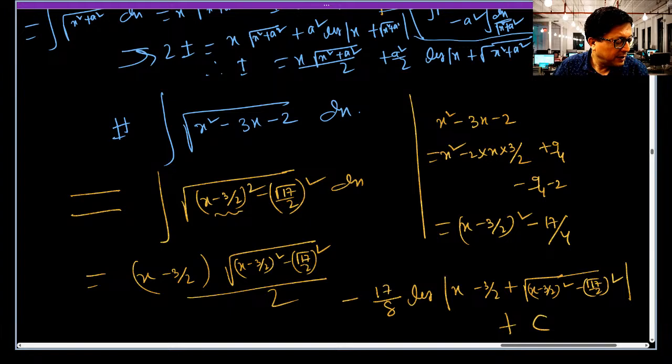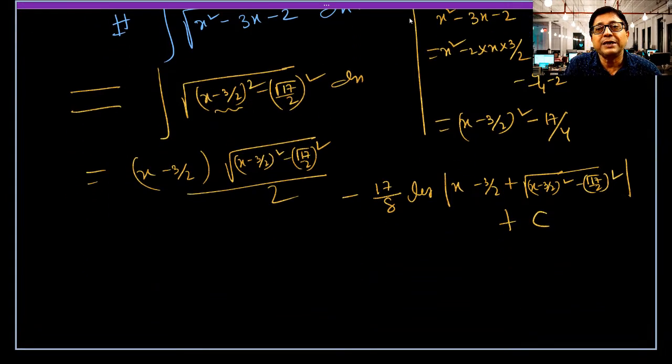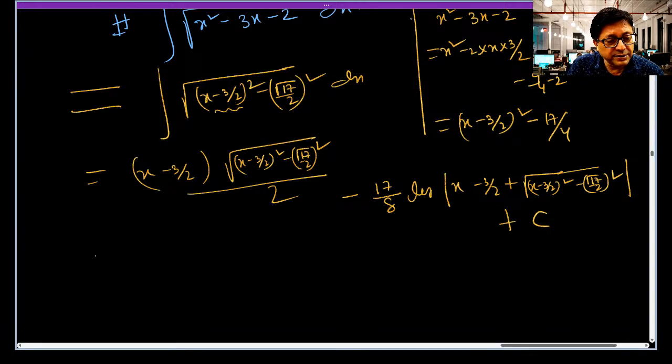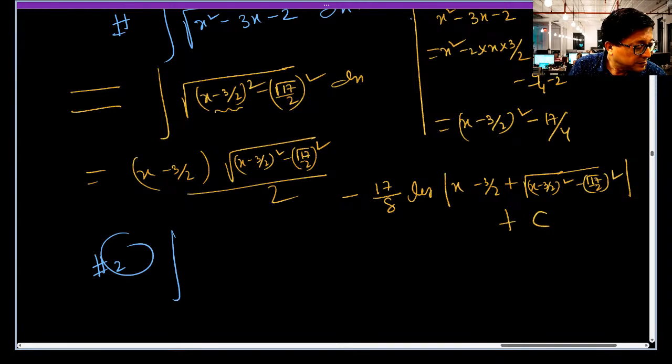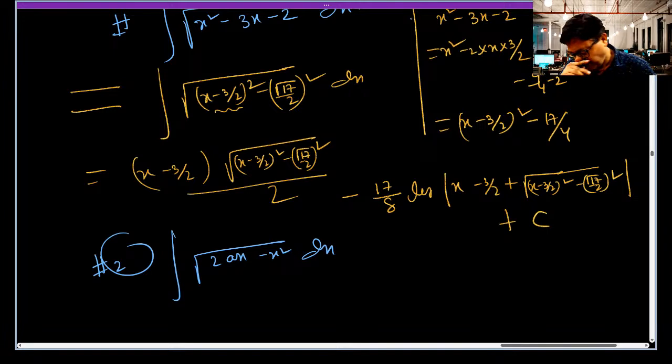Let us take one more sum from here, that is going to take the form a square minus x square. The second problem, you take under root two x minus x square dx.